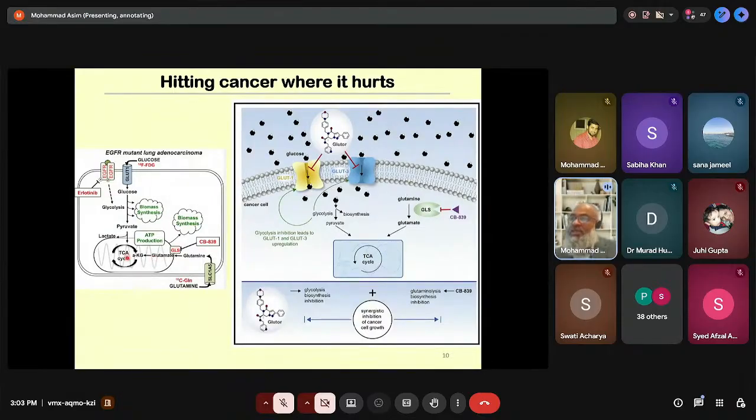So there are agents like the glutaminase inhibitor CB839. What can be done is you can block the glucose uptake by the cells using drugs like glutor, and simultaneously you can also block glutaminase through drugs, and that will have a very strong synergistic effect in terms of shutting down the metabolic pathways in cancer cells.